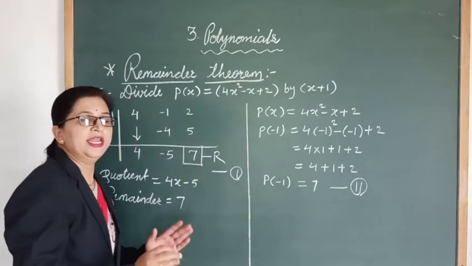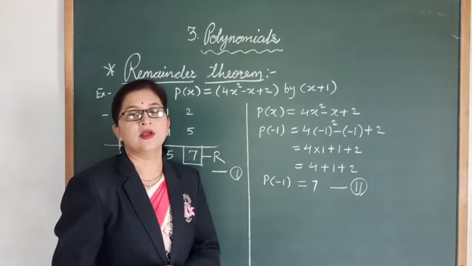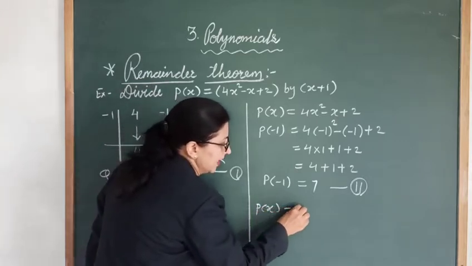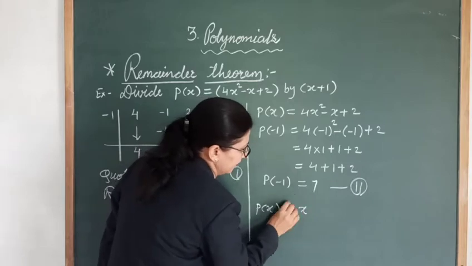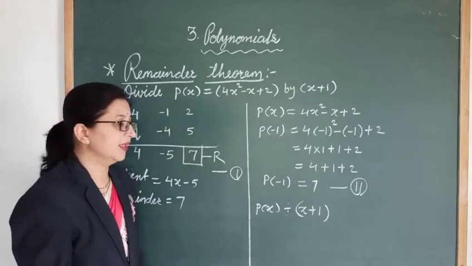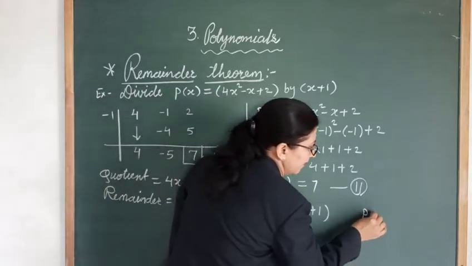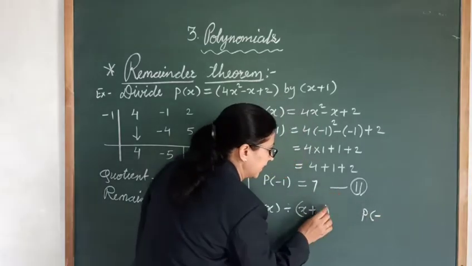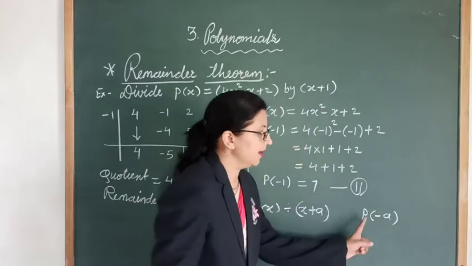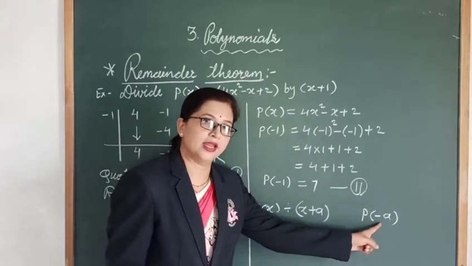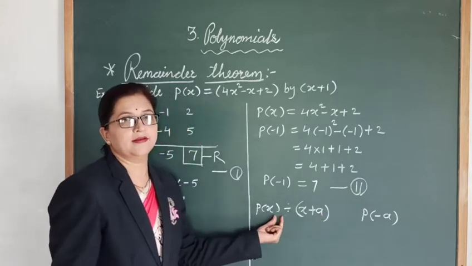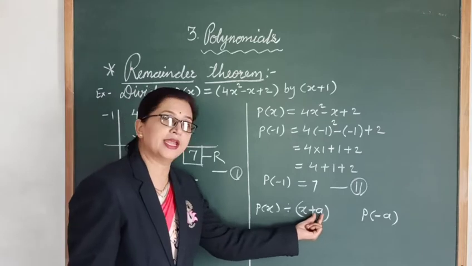Okay. So for any polynomial in x, when it is divided by x plus a, then the remainder will be p in bracket negative a, because here we'll put the value of x as negative a.